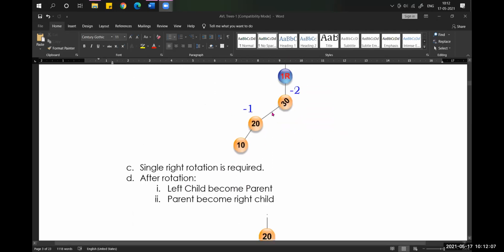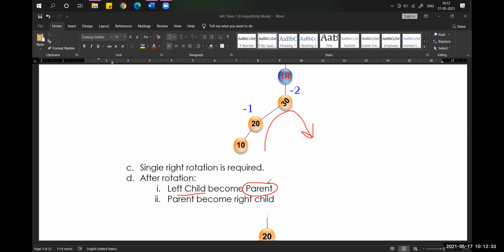When we do single right rotation, it means like this. Right rotation means we have to rotate the tree to the right side. So at that time what will happen is the left child becomes the parent.